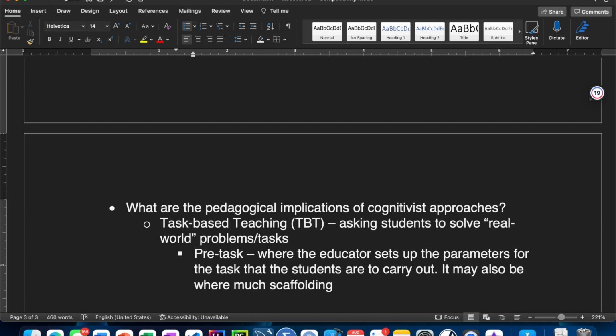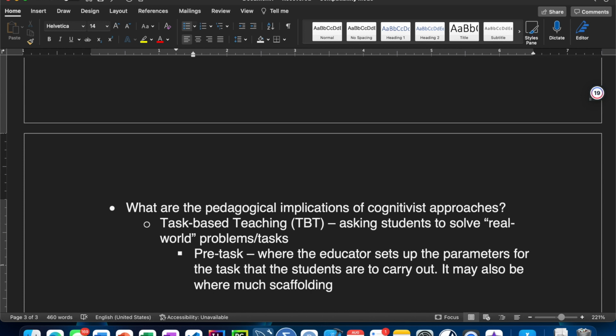So during the pre-task element, this is where we'd be doing things like introducing new vocabulary, right? This is where we'd be doing things like introducing certain question structures. For example, how do I get to versus where is, right? As well as introducing students to alternative ways that responses to these questions might happen.